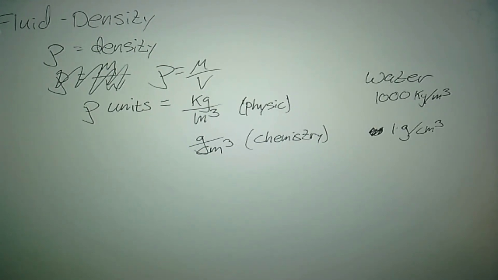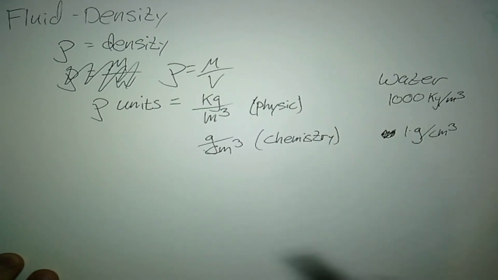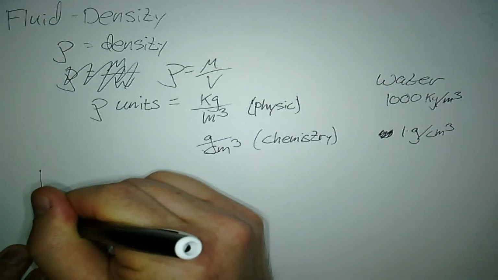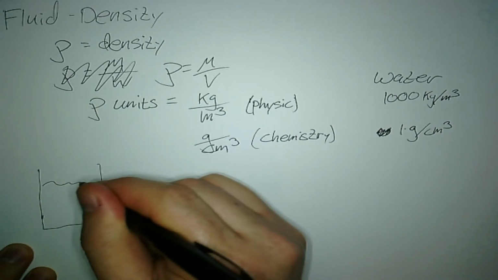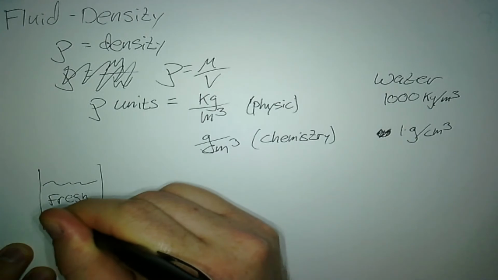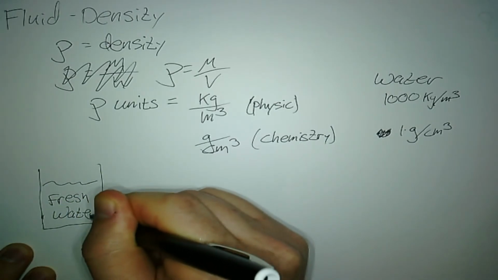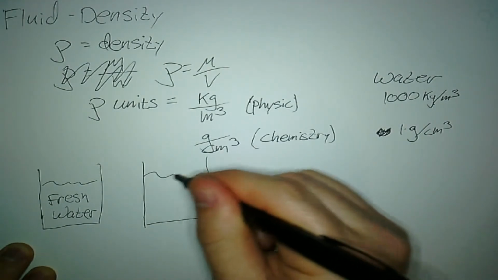We'll talk about how you find the buoyant force in a minute, but a very common method for comparing densities is this: I've got this cup full of fresh water, and I have this cup full of salt water.